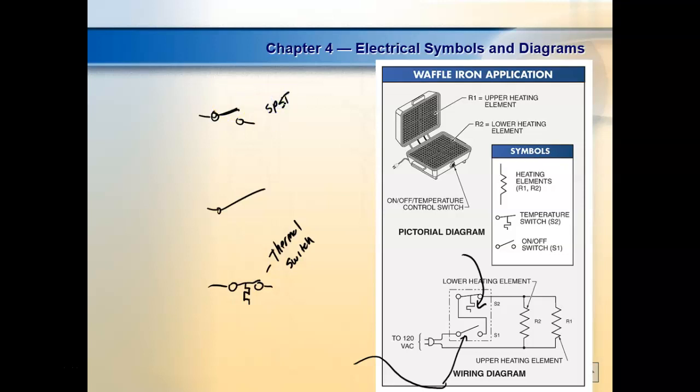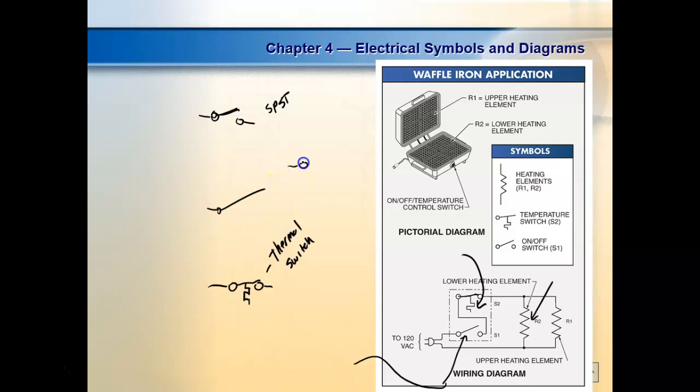And of course, what's this a symbol for? Resistor. So what happens? We close this up, and these things start heating up. The thermal switch is normally closed, and when it gets up to a certain temperature, it does what? It opens and turns the heater off. And when it cools down to a certain temperature, it closes back.